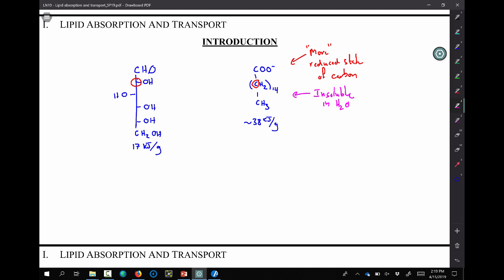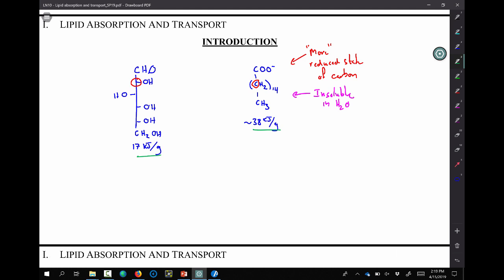Whereas when we store energy as carbohydrates, it has to be hydrated. There'll be a whole lot of water surrounding it as well. It's completely soluble. The values I gave you are dry weights.